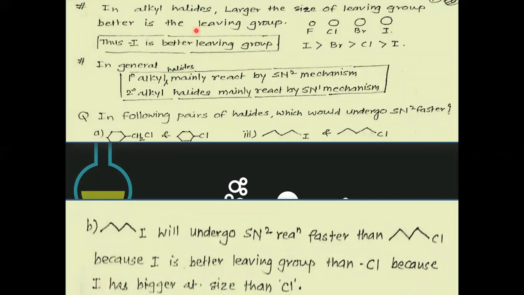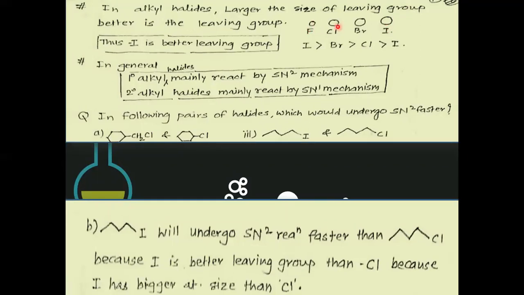Now see, in alkyl halides, the larger the size of the leaving group, the better the leaving group. So if an alkyl halide contains different halogens, these halogens are given here with their increasing size.